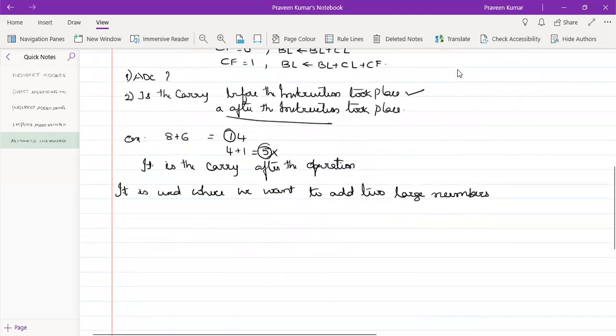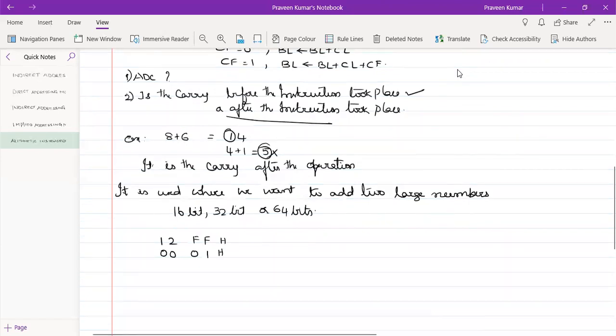Either it may be 16-bit, 32-bit, or 64 bits. Say for example, I'll take 12FFH and 0001H.